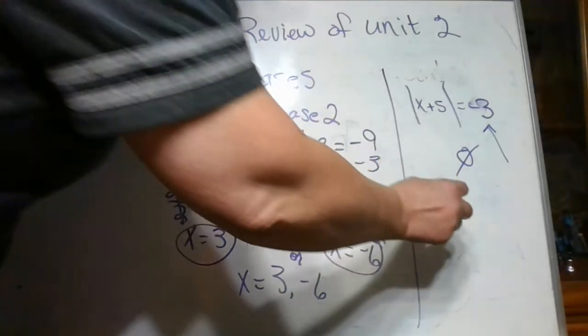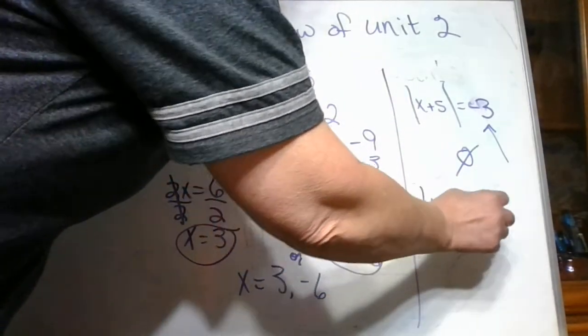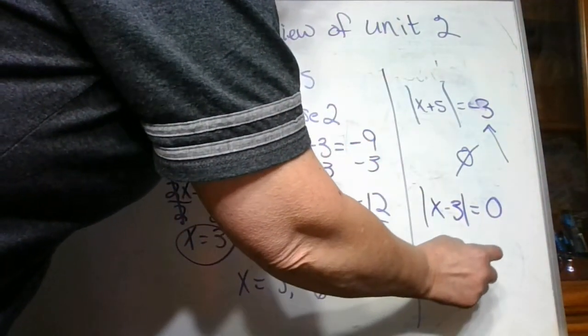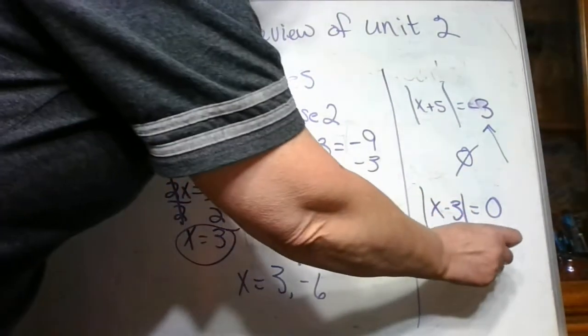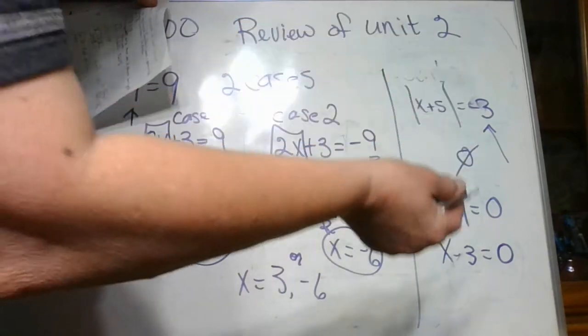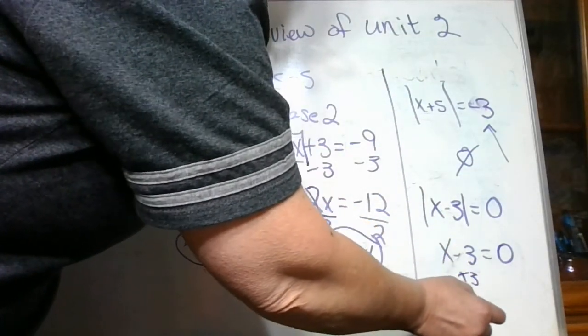Now, if I had the absolute value of x subtract 3 is equal to 0, then I would again take x minus 3 out of the absolute value sign and set it up equal to 0. Since it's 0, it won't be positive or negative, so you're just going to have to solve one equation by adding 3 to both sides.